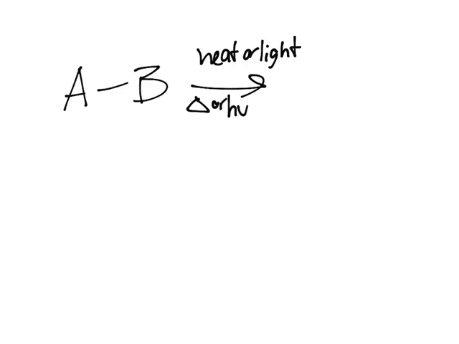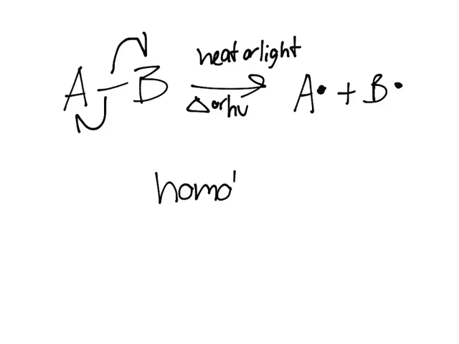So heat or light will cleave it, and so remember, single-headed arrow represents 1 electron, and then it would form a free radical of A and a free radical of B, and that is homolytic cleavage. And these radicals will react with other radicals and other things.